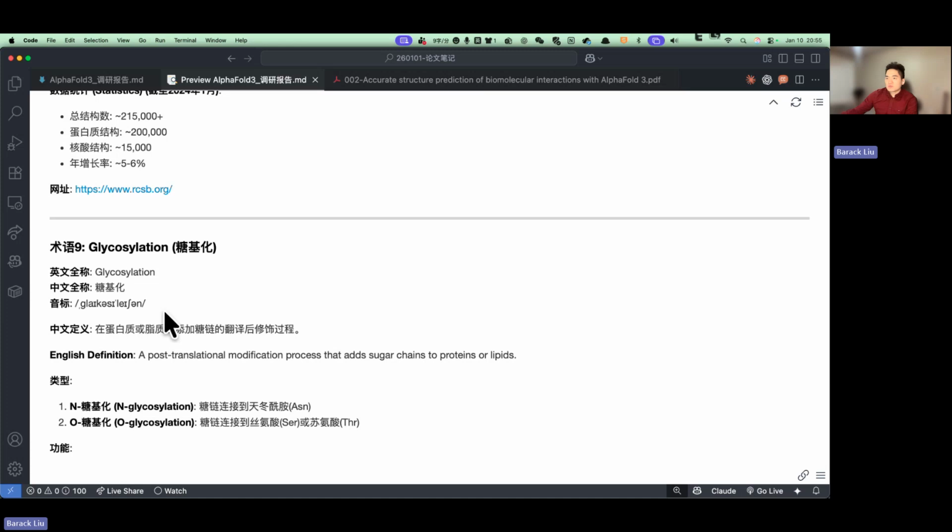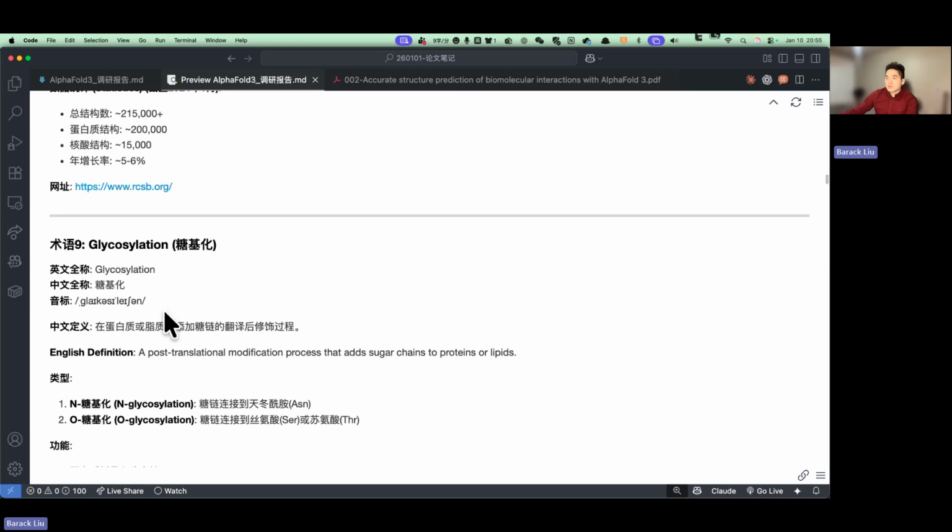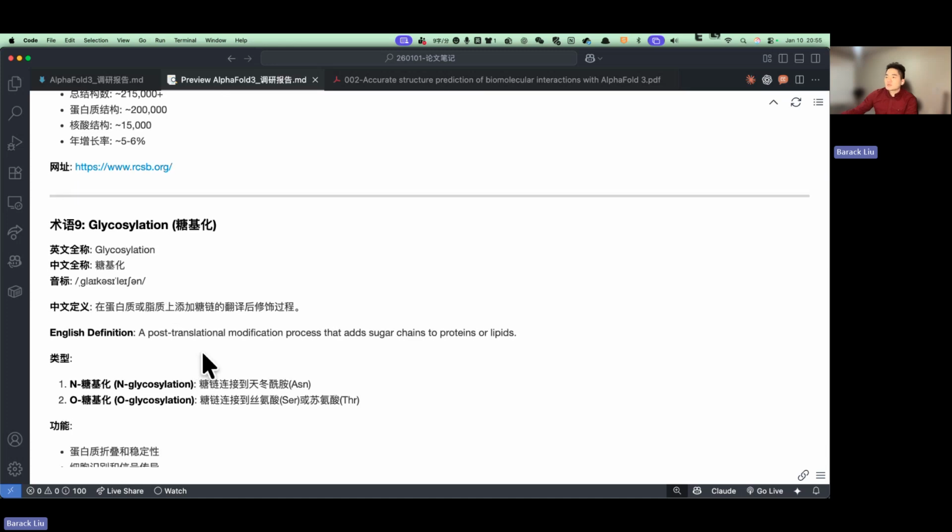Glycosylation: a post-translational modification process that adds sugar chains to proteins or lipids.